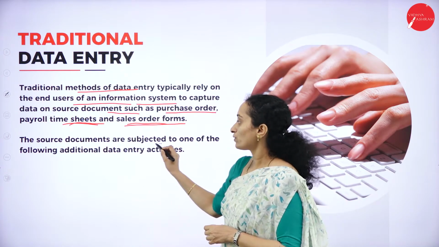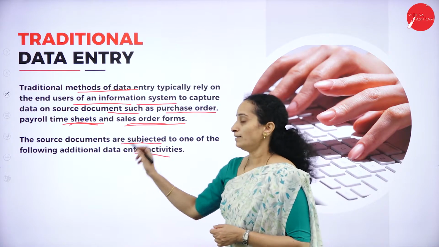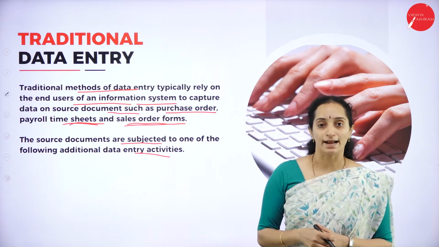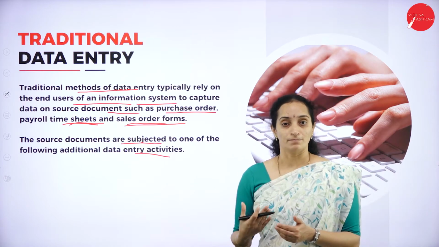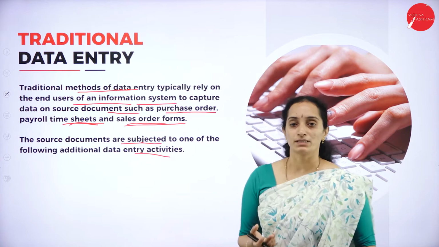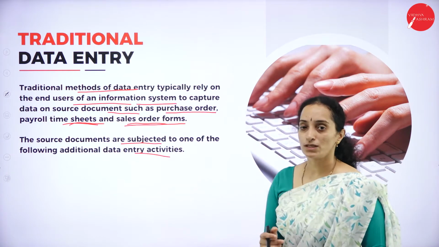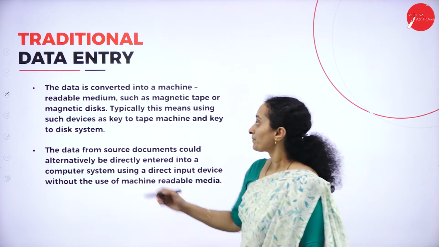Now, the source documents are subjected to different data entry activities. We have the source document, which is a written one. Now, we have to enter this into the computer or information system. So, how can we do this? We have a set of activities for doing this.